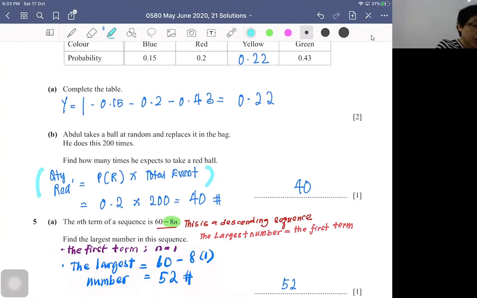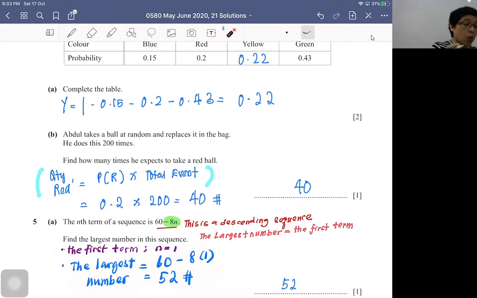So what we do is, you consider it a similar concept with fractions. Over here we will just put it out of the total number of events. For this case, the total is 200 events. He attempts to take that.